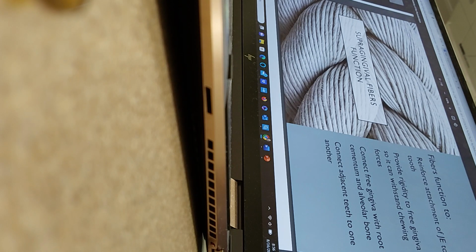Here is an illustration of the 9 supragingival fiber bundles. It looks like a lot. I could look at this picture for a long time. Look at it, see what things attach to what. Sulcular is really easy. See this orange circle that goes right around the tooth? In this image, it's kind of in cross section. So sulcular fibers go around the tooth. Alveolo-gingival go from the bone to the gingiva.